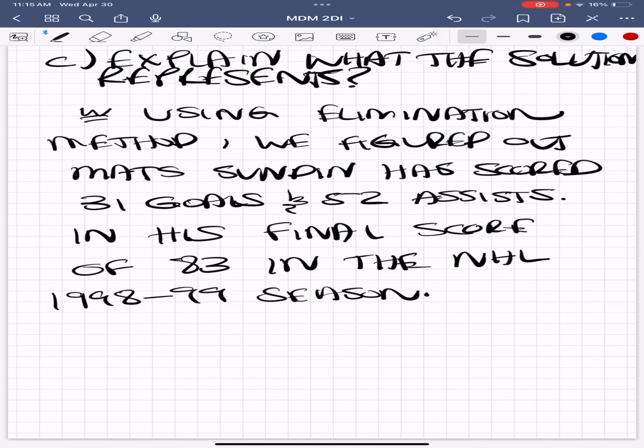So using elimination, we figured out that Matt Sundin scored 31 goals and 52 assists in his final score of 83 in the NHL 1998-99 season.